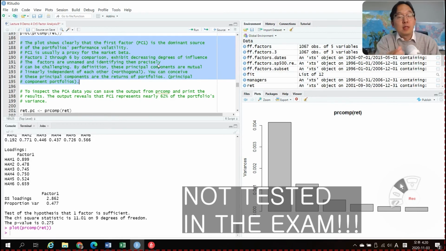Okay, the bad thing is, principal component 1. We found we can summarize into one factor, but what is that factor about? Here the textbook author explained that principal component 1 should be a market related factor. So we can label it that way based on this author's approach, right?